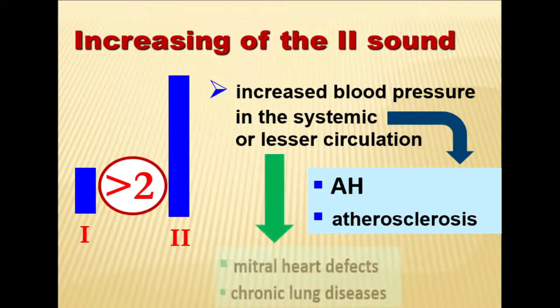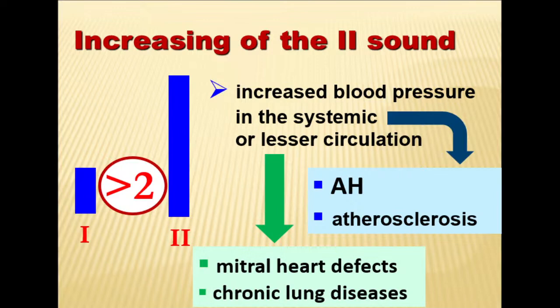Over the pulmonary trunk, the second sound increases due to increased blood pressure in the lesser circulation, which appears due to mitral heart defect, mitral stenosis or mitral regurgitation, because in both cases there is a problem with passage of blood flow and the activity of the left atrium needs to intensify, which is possible due to increased pressure in the lesser circulation. Also chronic lung diseases, because in this case the elasticity of the lung decreases and gas exchange becomes difficult through the affected alveolar wall.